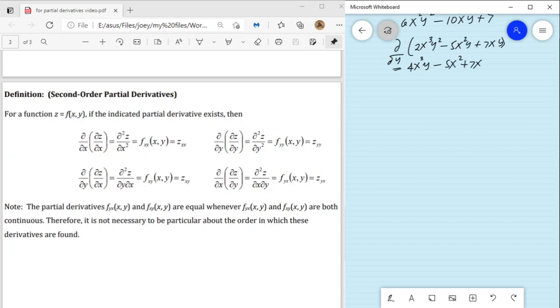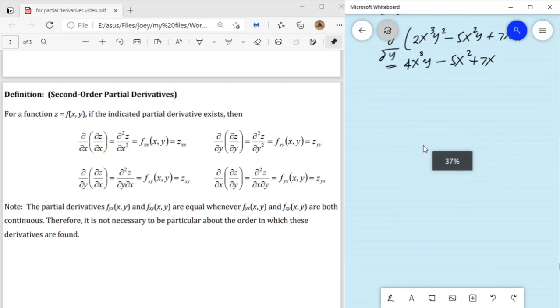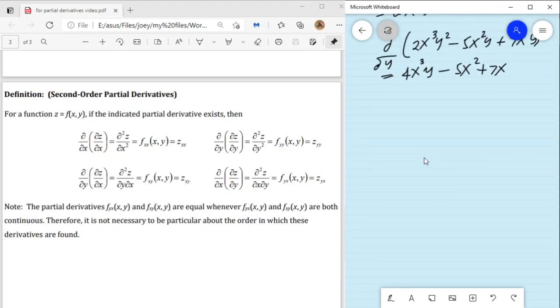But take note that if f here is continuous, then the second derivative of z with respect to yx will just be the same as the second derivative of z with respect to xy. Let us have an example. Let us go back to the example that we had earlier.